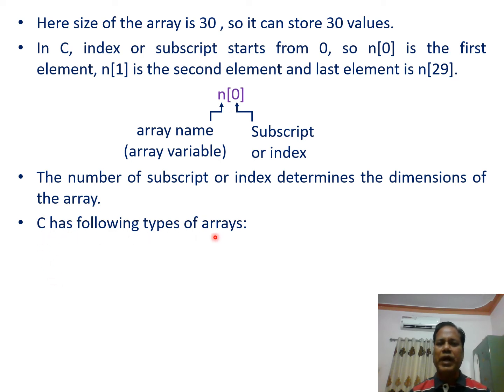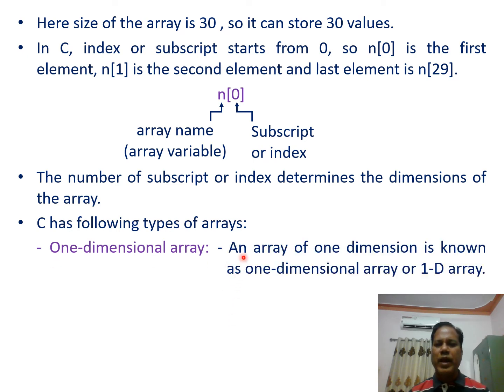C has the following types of arrays. One-dimensional array: an array of one dimension is known as a one-dimensional array, or in short a 1D array. It has one subscript or index number.